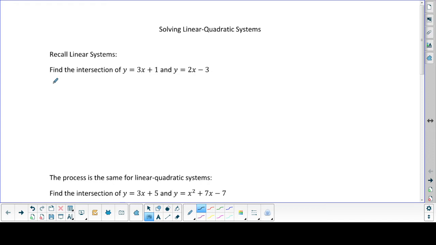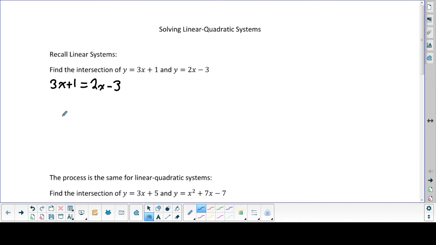So the process is we rearrange them both to equal y, which is done for us here. And then we set the equations equal to each other. So we're going to set 3x + 1 equal to 2x - 3.